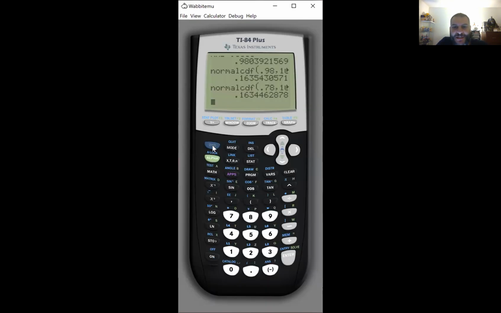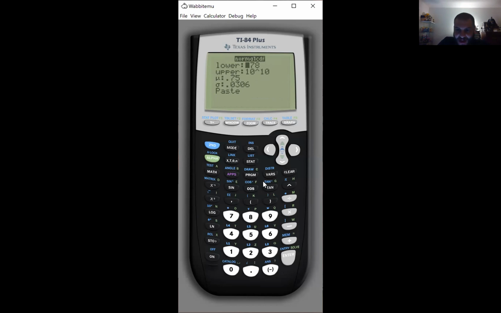So we go to second, we go to vars, we go to normal CDF. So we say negative 10 to the 10 power. Then for upper, we say 0.63. Then for mu p hat it's 0.75, and for sigma p hat, 0.0306.